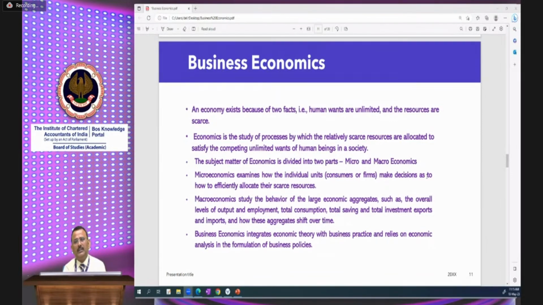Whatever business policy is framed is based on the economic concepts that we study, because ultimately the policy is formulated to satisfy one segment or the other. So these concepts are very important while formulating economic policy.